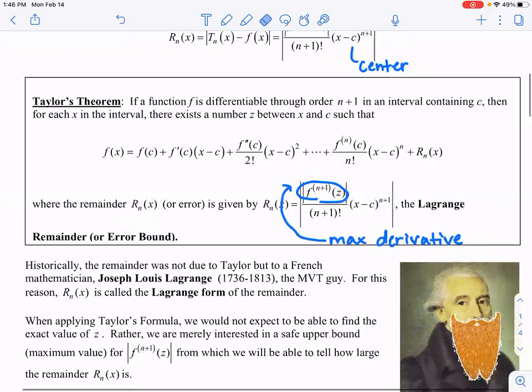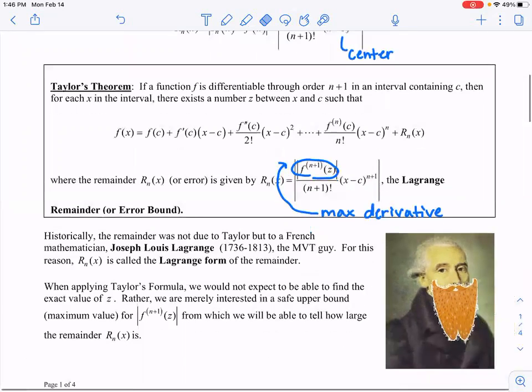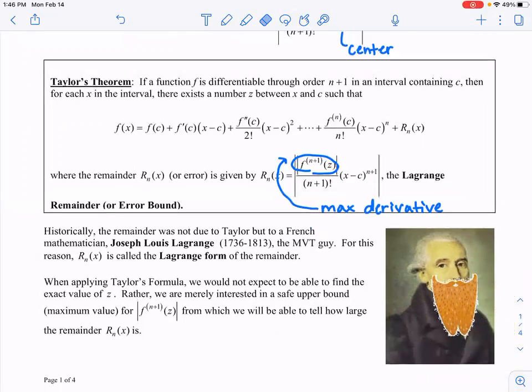We're also going to make sure that we think about this n+1 derivative on the interval.